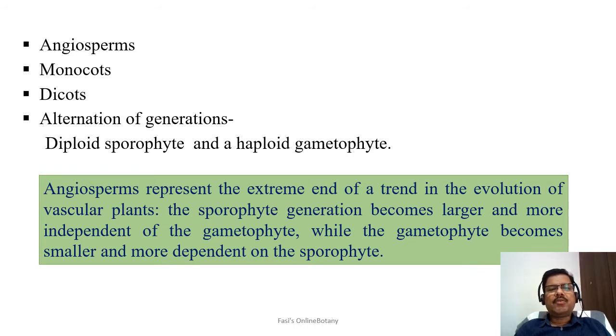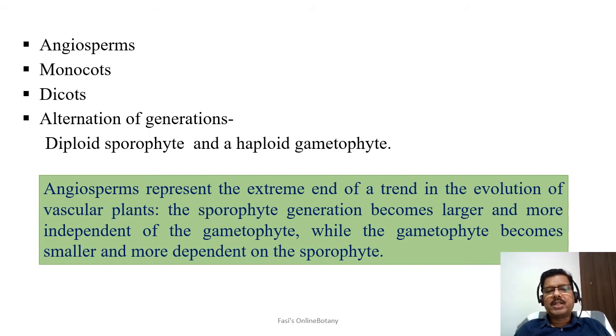The life cycle of angiosperms, like all land plants, alternates between a diploid sporophytic generation and a haploid gametophytic generation. So angiosperms represent the extreme end of a trend in the evolution of vascular plants.